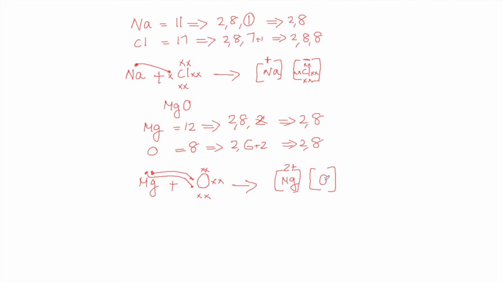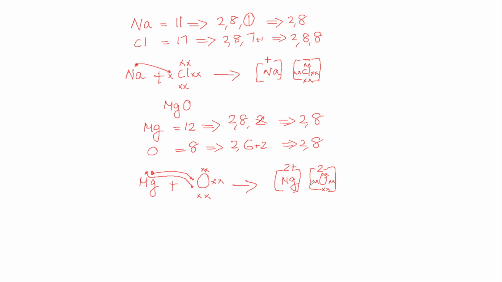Oxygen gains 2 electrons, that means 2 minus. And for oxygen we represent the 8 electrons here. So in this way a metal and nonmetal react to form compounds.